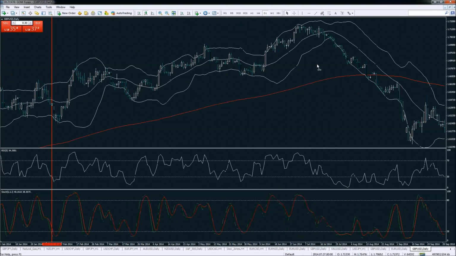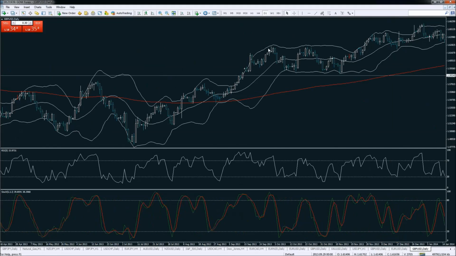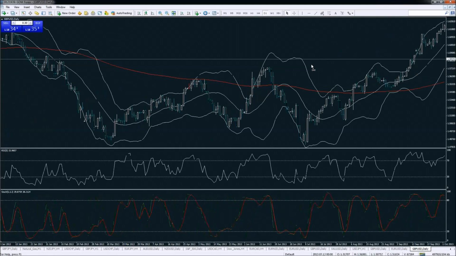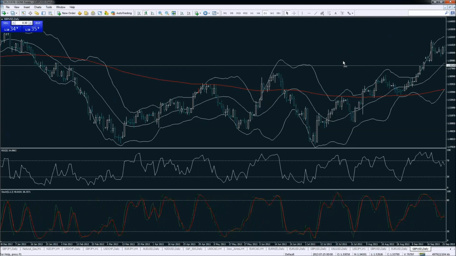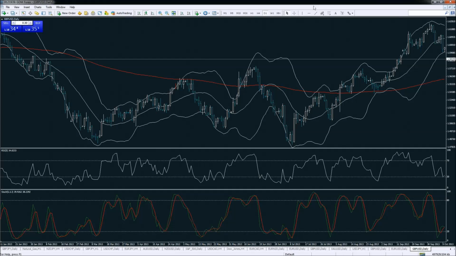Let's find this sideways range and identify those entries. We have a clear sideways range established here, but we don't really know that until we see the price closing lower than the previous low here, as we mentioned the first time.